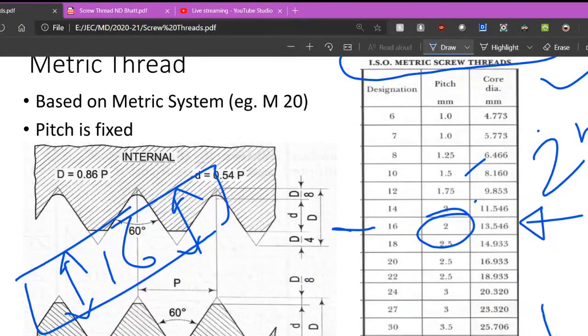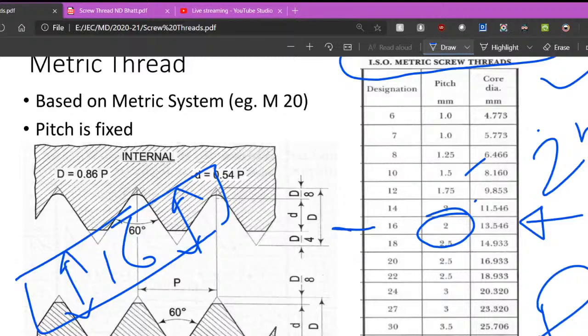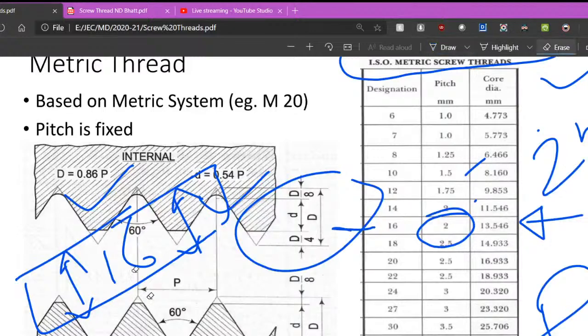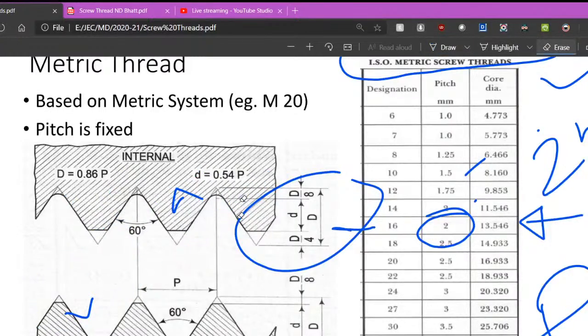Since you have got the value of p, you use the value of p to find out the capital D, small d. Draw this length and then draw the triangle. The angle, you know, is again the same, 60 degree.